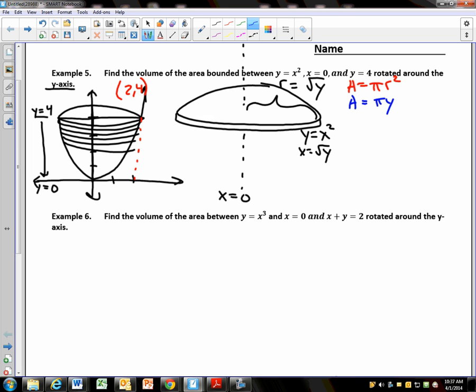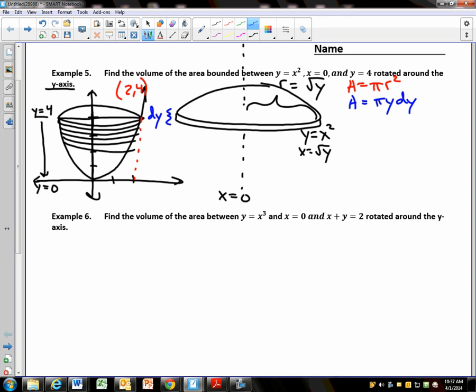And what is the thickness of this disk? dy. Does it have horizontal thickness or vertical thickness? Vertical. So you can look at your slice right away and realize it has vertical thickness. So therefore, it's dy. All these indications tell us that we're working with y.